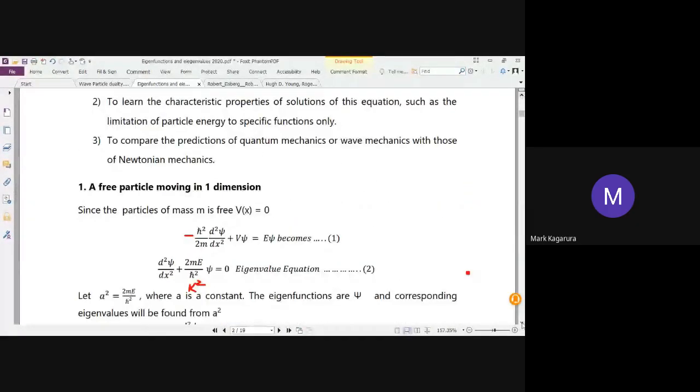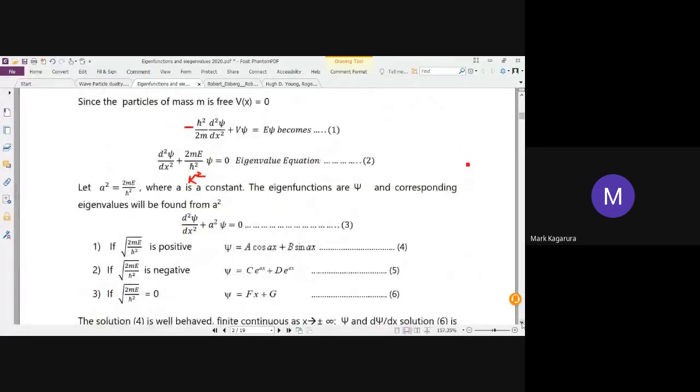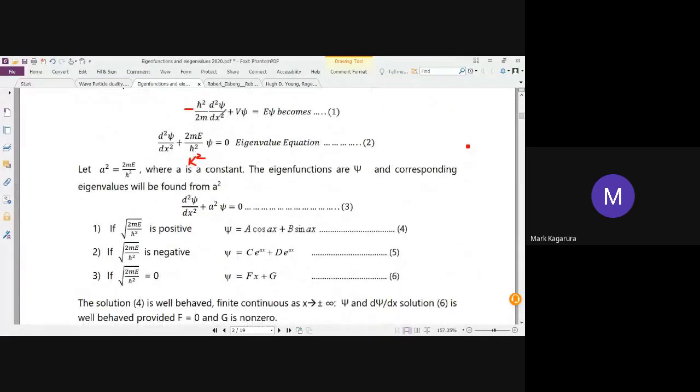The Schrodinger equation usually starts with the negative if these functions are positive. If we multiply through, k squared is going to be equal to 2m(E minus V). So it's always going to be E minus V.